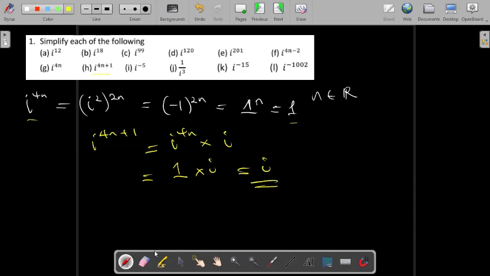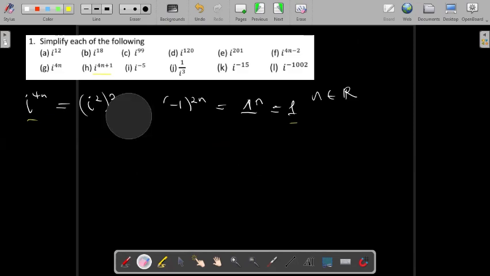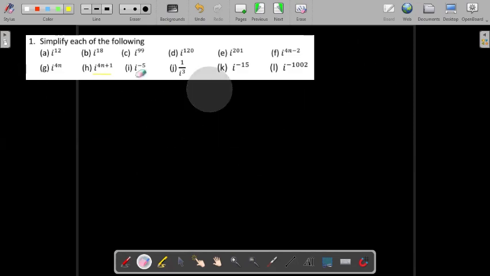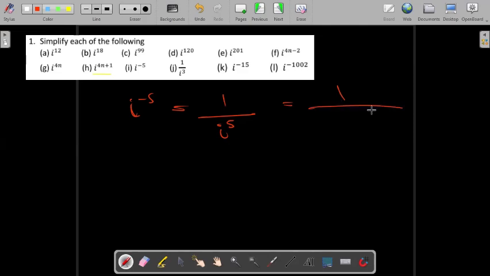So moving on to part i. So you have i to the power negative 5 like this. And this here, you can rewrite this as 1 over i to the 5, like this. So now rewriting this in the denominator, I can write that as i multiplied by i to the 4th.